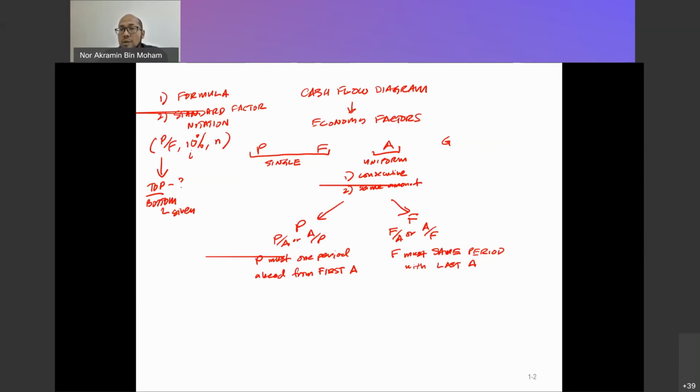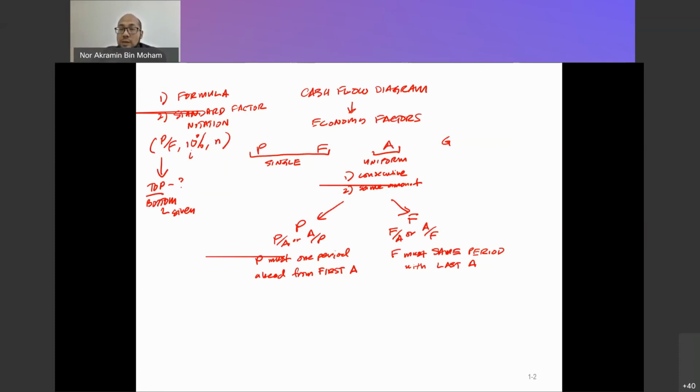Okay, and we call this a standard cash flow diagram, a normal cash flow diagram. So the issue is, what if the P is not 1 period ahead and the F that we want to find in the cash flow diagram is not in the same period with the last A? That we will discuss later in the combination factor.